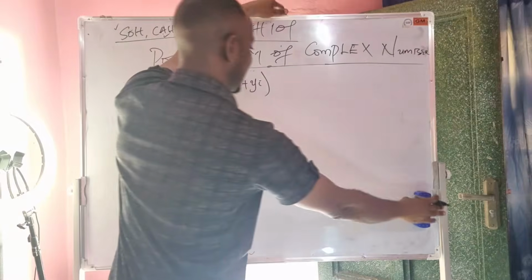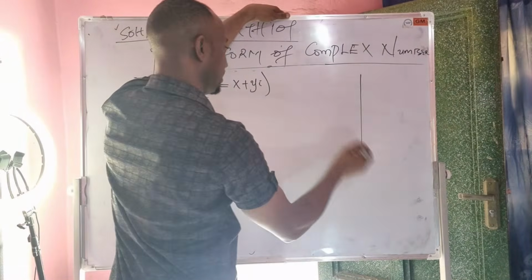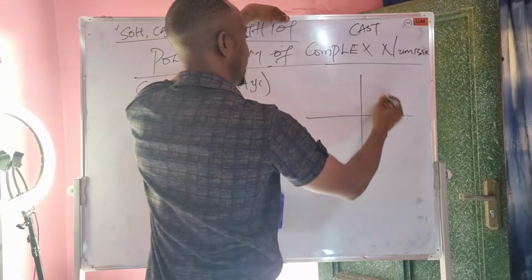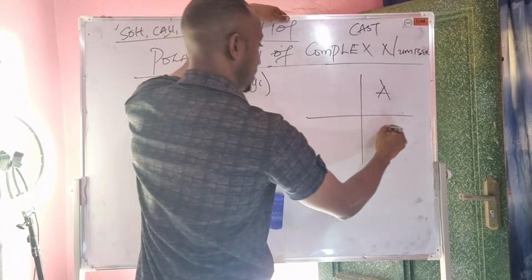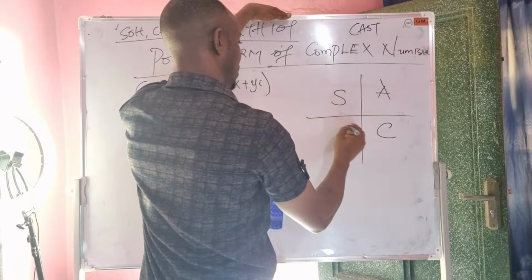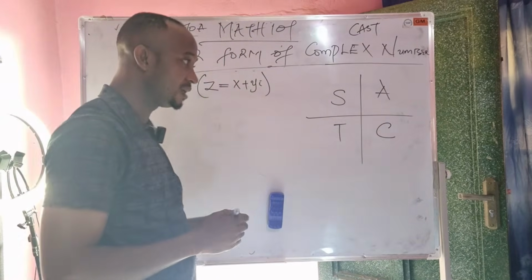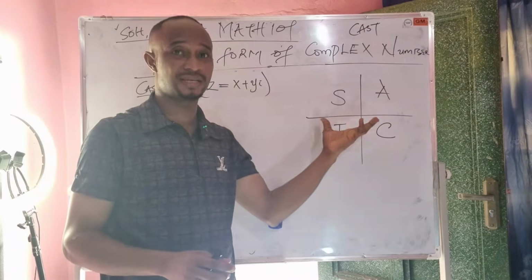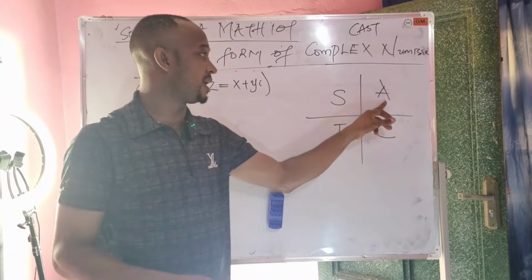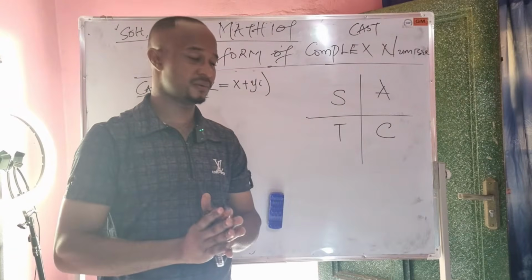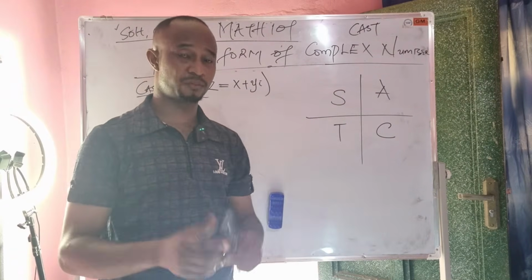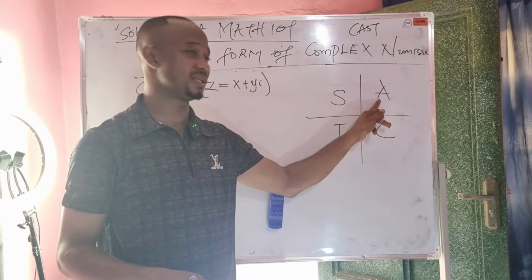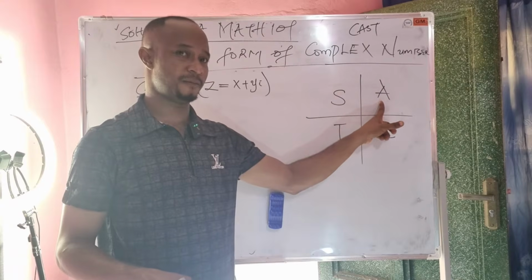Don't forget that in the Cartesian diagram, there's the one we use which is called CAST. Here we have A, here we have C, we have S, and we have T. We use the three trig functions to represent the Cartesian diagram. A means all are positive, meaning your sine, cosine and tangent are positive here.